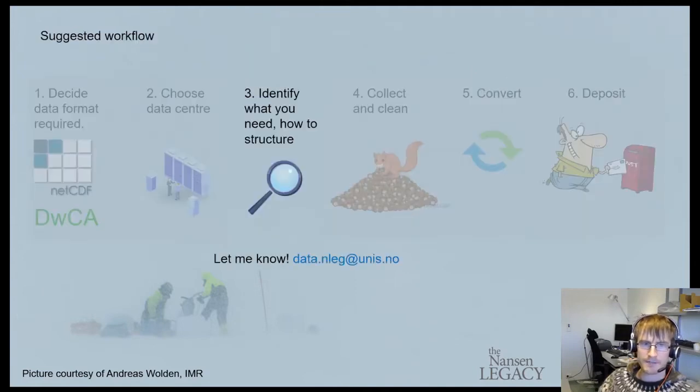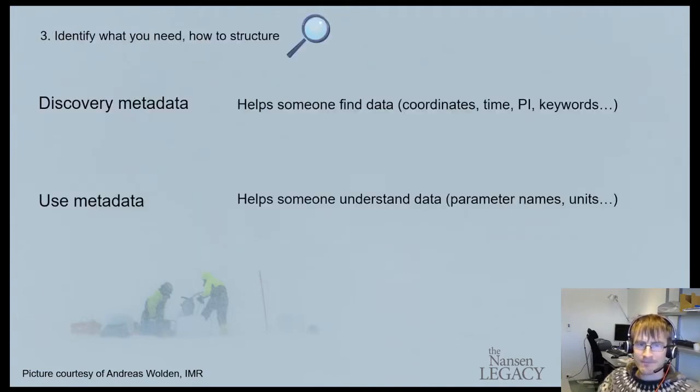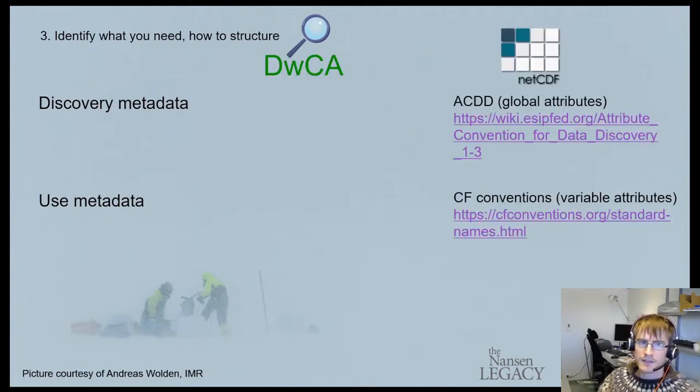Next, what do you need? You need discovery metadata, which helps someone find the data, and use metadata, which helps someone use the data. There are conventions that describe which terms you need to include and how you populate them, and this actually depends on the file type again. So let's start with NetCDF. You have the ACDD conventions for discovery metadata.